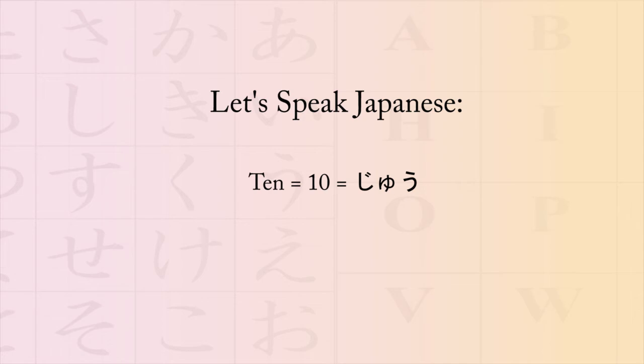Now if you notice, the letter ji is one that we didn't cover in the alphabet, and that's because once again this is a modified letter from the basic alphabet, and it uses the letter shi and adds 2 dots to it, and when you do that, the shi becomes ji, and when you add the smaller yu, it transforms to ju, and when you add the u, it becomes ju. So one more time, the Japanese pronunciation for the number 10 is ju.